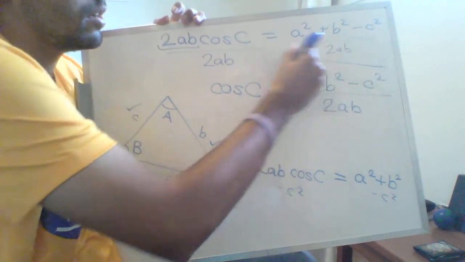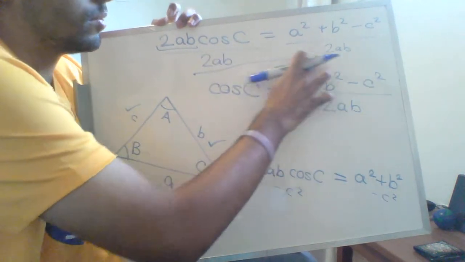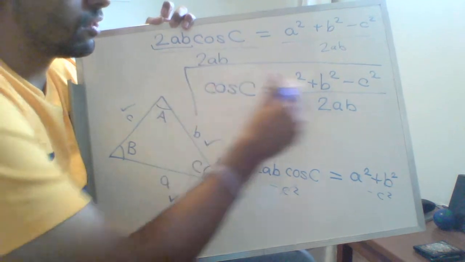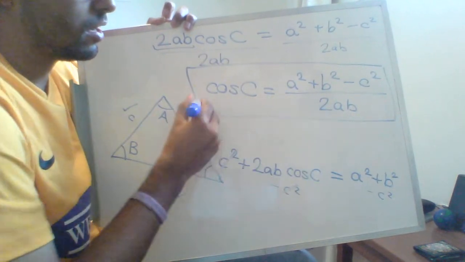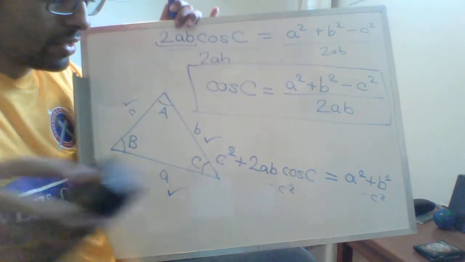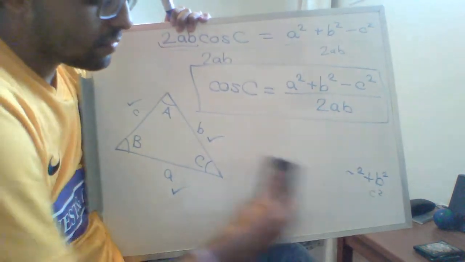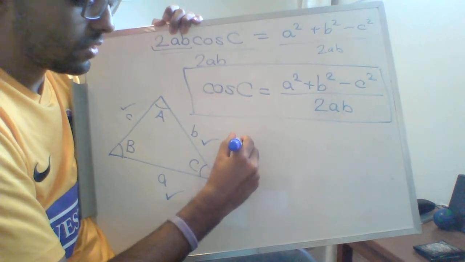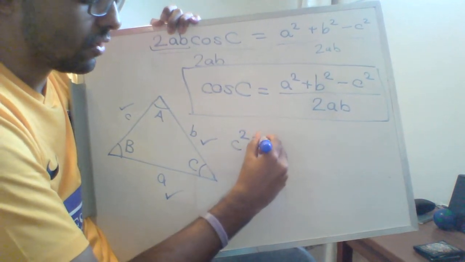So this is what we've got if you're trying to solve for an angle, and we've got this if you're trying to solve for a side.